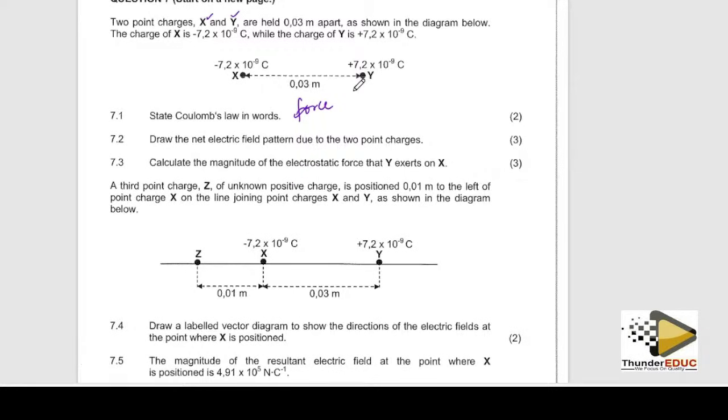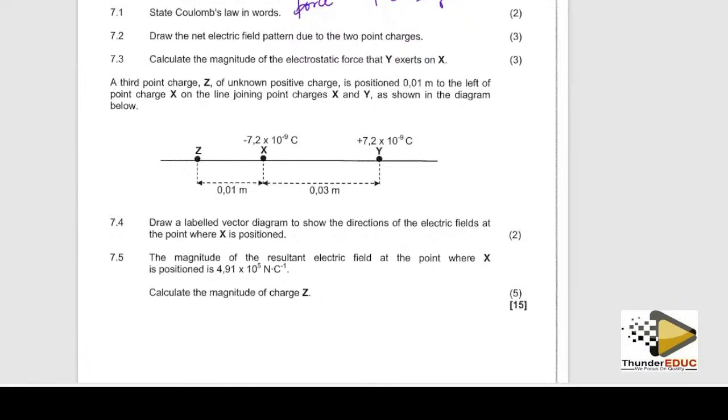That is Coulomb's law. They will say product of the charges Q1 Q2 over the square of the distance of separation. When the proportionality is removed, you have F equals kQ1Q2 divided by r squared, where k is a constant. Remember, it's 9 times 10 to the positive 9.